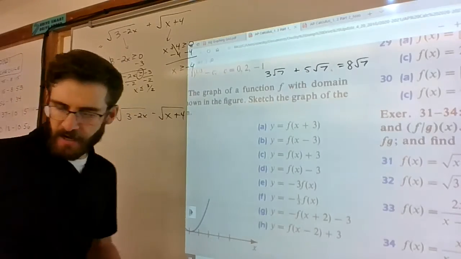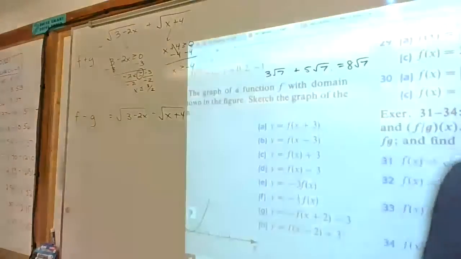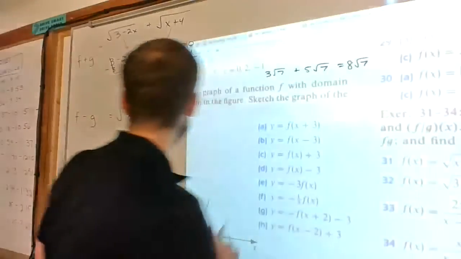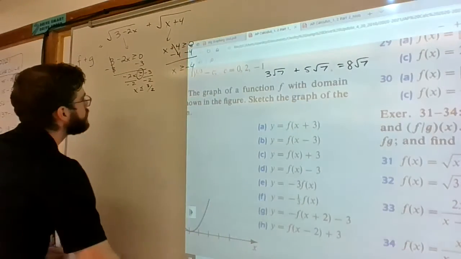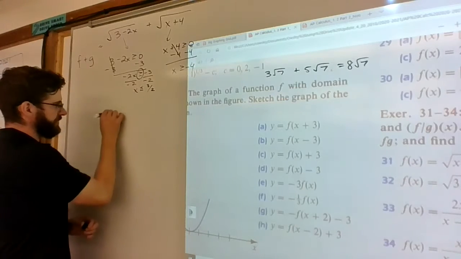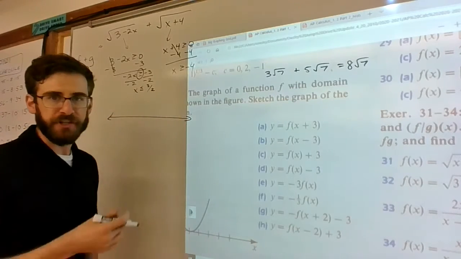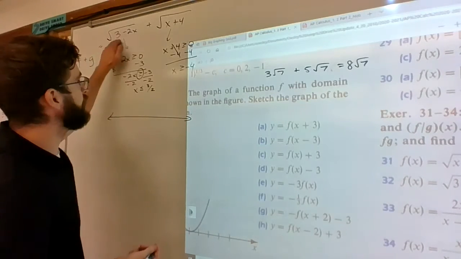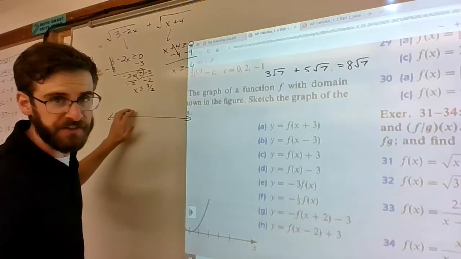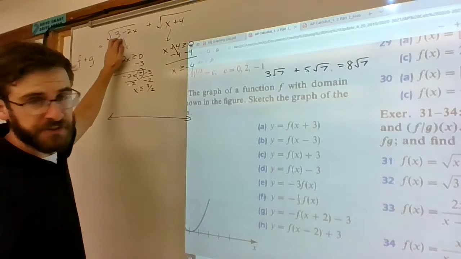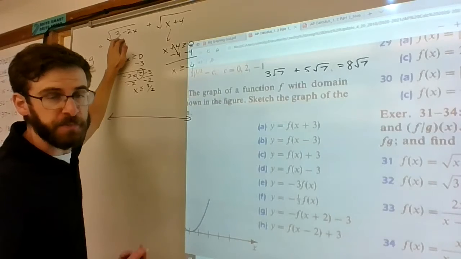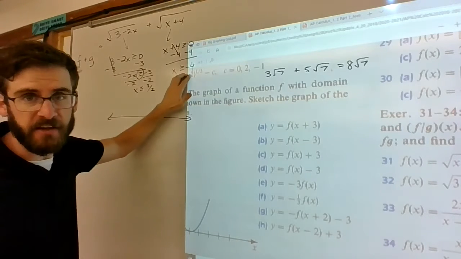Now, to put this in context, we're looking for the shared space that both of these functions occupy. So this is its domain. It's where the x values live for this particular part of the function. Same thing here.